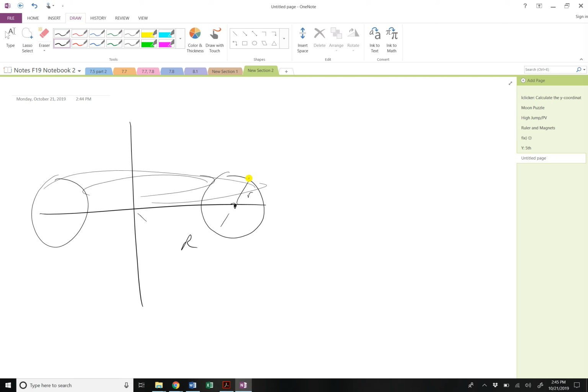Well, if you know where the centroid is, then you can use what's called the Theorem of Pappus. The Theorem of Pappus says to calculate the volume, you take the area times the distance the centroid travels.